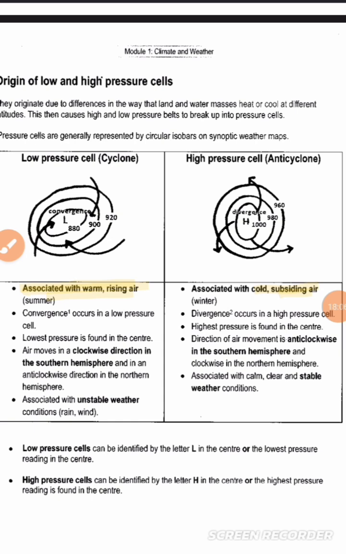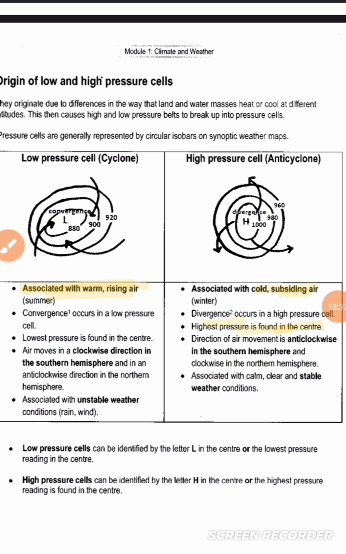Let's move on to the low pressure side. The lowest pressure is found in the center of the low pressure cell, and here the highest pressure is found in the center.